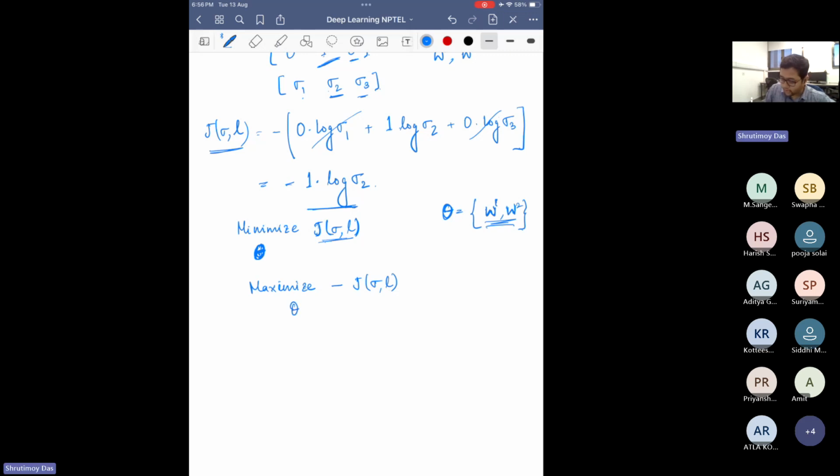Are these two equivalent? If I minimize a negative quantity, can I say that it is the same as maximizing the negative of this negative quantity?